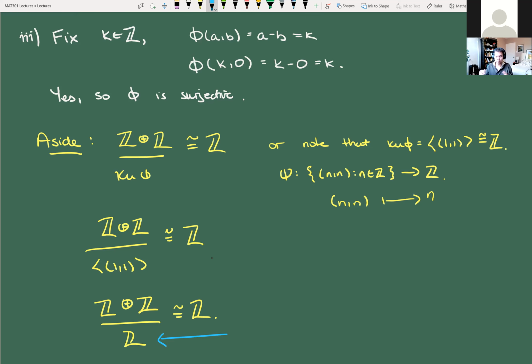They're just incompatible. What I'm saying is that the thing I'm dividing by is isomorphic to a subgroup of Z plus Z. And we do this sort of stuff all the time in mathematics.